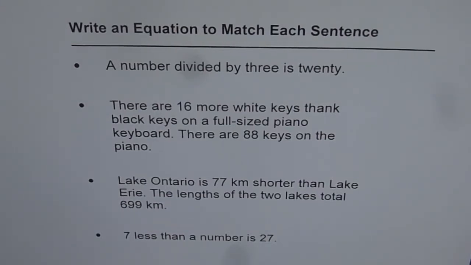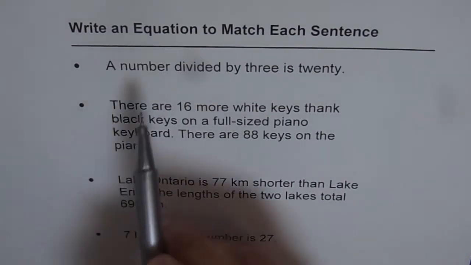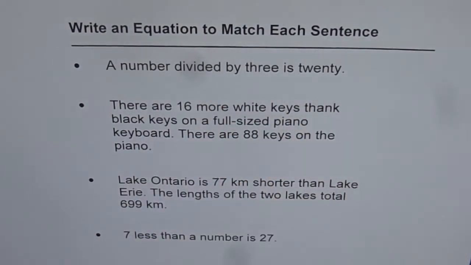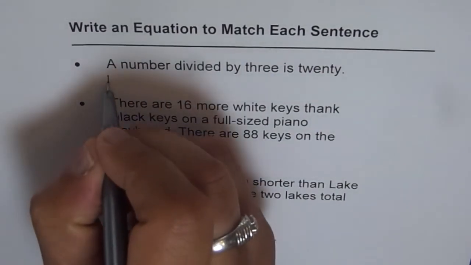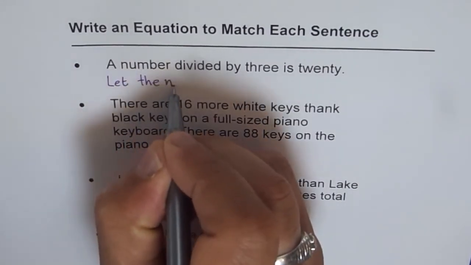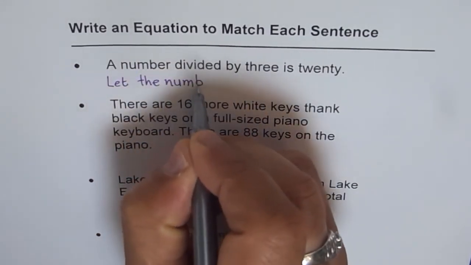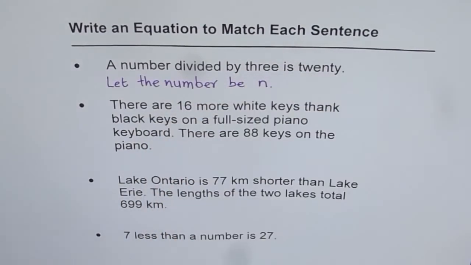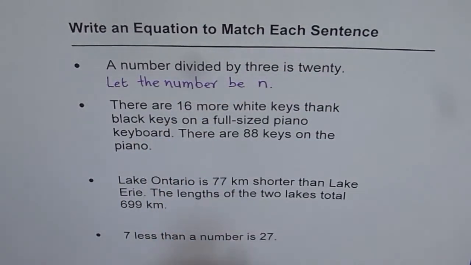So there are 4 parts to this question. We need to write an equation to match each sentence. The first one is, a number divided by 3 is 20. So let's first define the variable. Let the number be n. So that is the first statement. And now let's write down the equation.